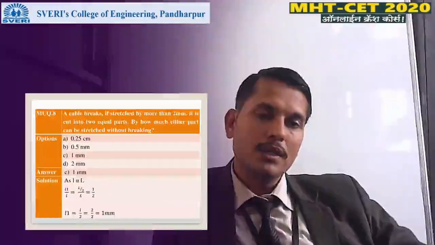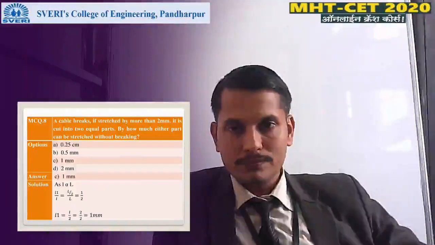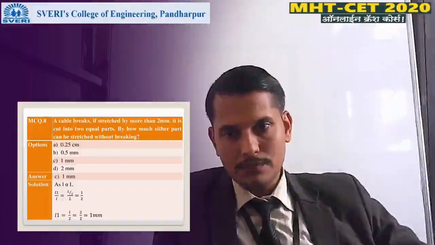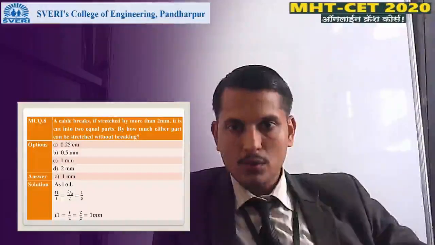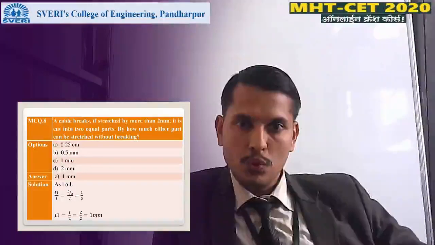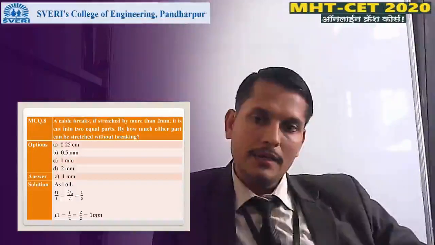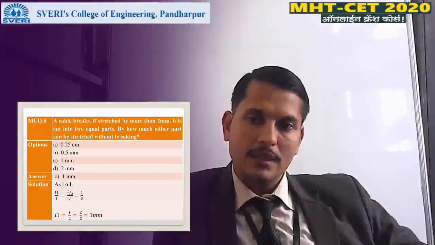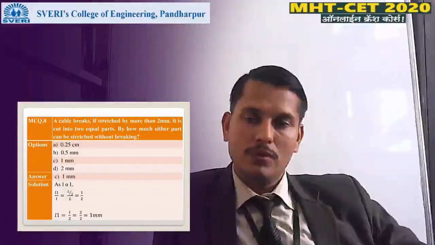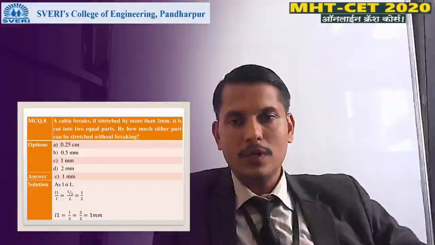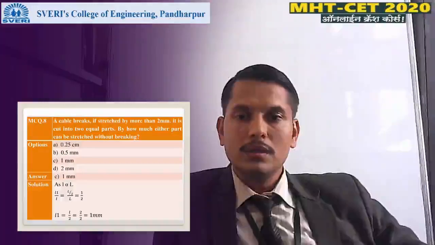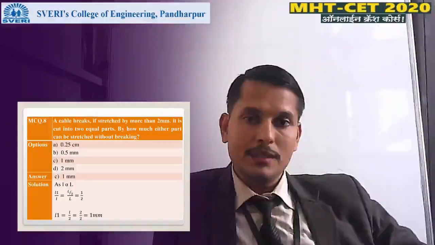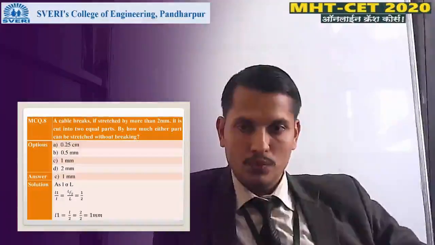So we have taken the ratio of two conditions. First condition is the original length L, and its change in length, that is 2 mm. Next condition is we have considered two equal parts. We have cut that wire into two equal parts. So that means it becomes L by 2.